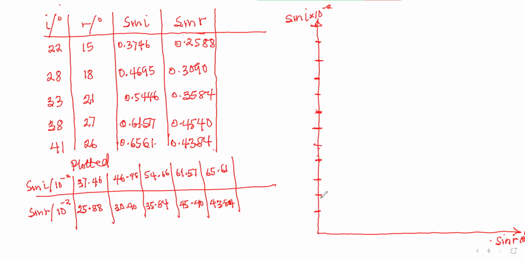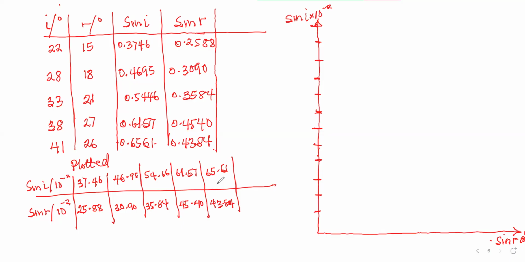It means your graph must not be smaller. So how do I choose my scale? These are my values. The minimum value is 37. The maximum value is 65. Supposing I'm going by 10, 10, I'm going to have 120. 120 is in excess.